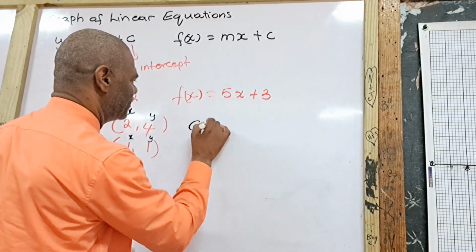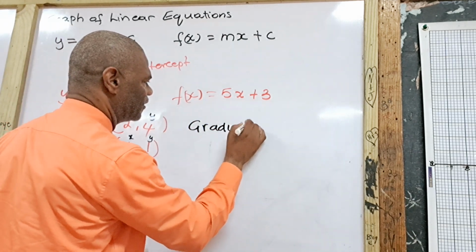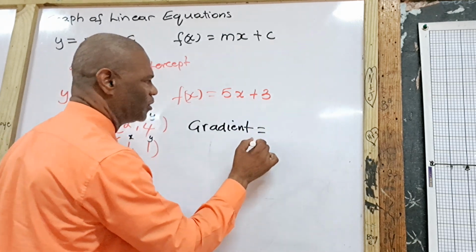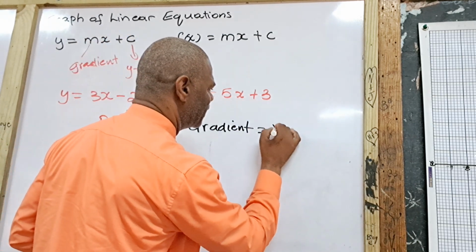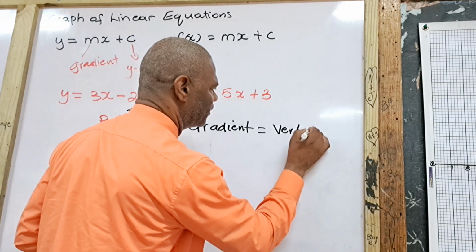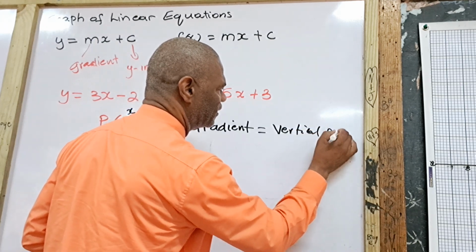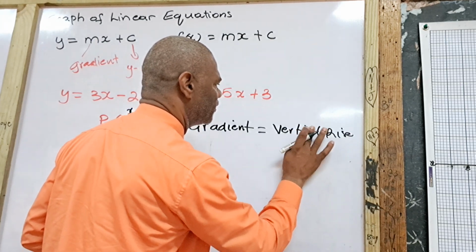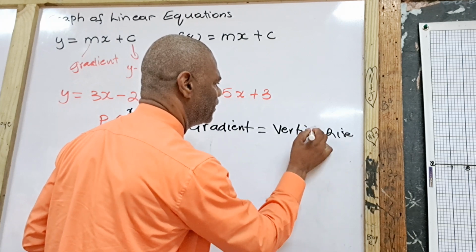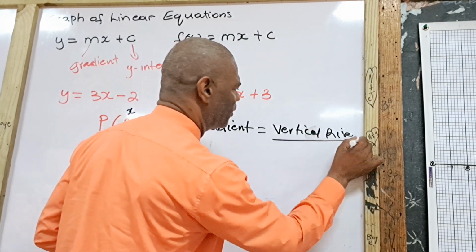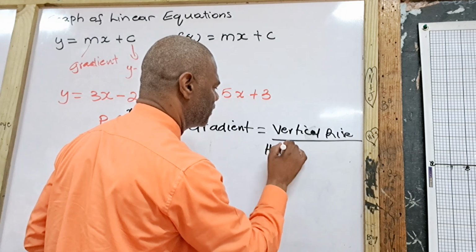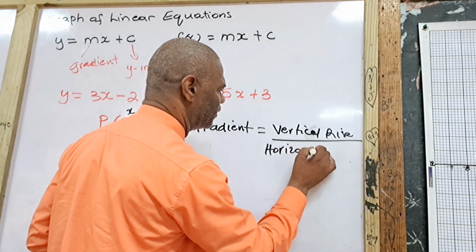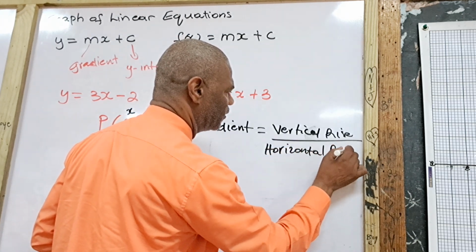The gradient is equal to the vertical rise over the horizontal run.